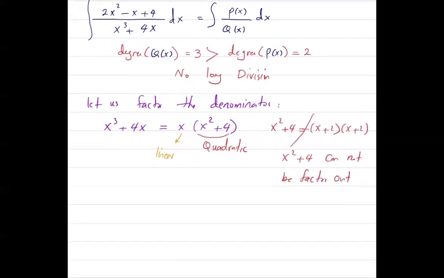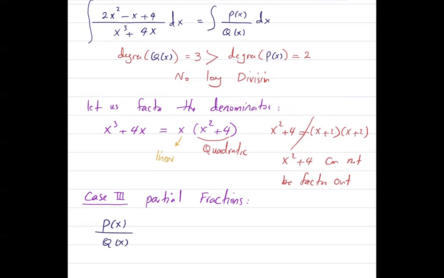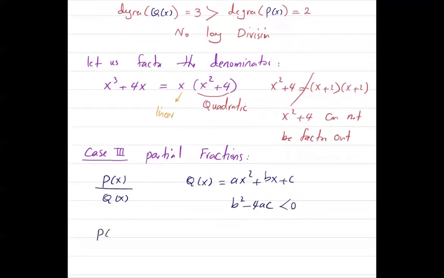So in this case, when we are using partial fractions, this is the third case of partial fractions, Case 3, which says, if you have p(x) divided by q(x), and q(x) is ax squared plus bx plus c, where b squared minus 4ac is negative, the discriminant is negative, p(x) over q(x) is expected to be written as, on the denominator, just copy down the denominator.